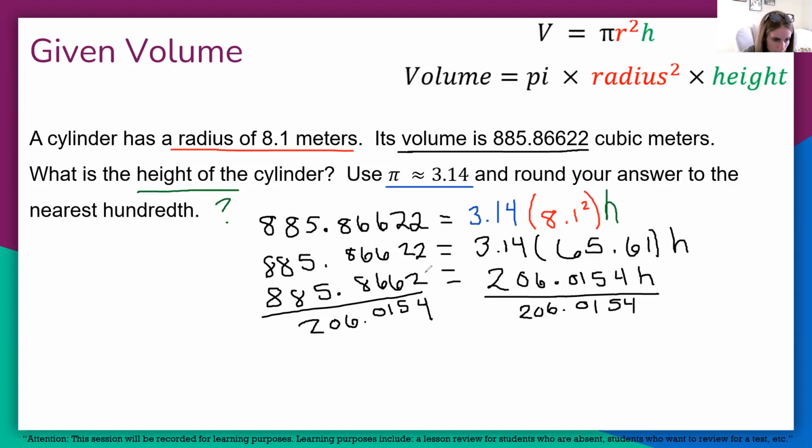Oops, see, look, I already lost a 2. 885.86622 divided by 206.0154. And because I waited till the end to round, everything lined up beautifully, and we simply just get 4 3/10 is our height. So the height is 4 3/10 meters.